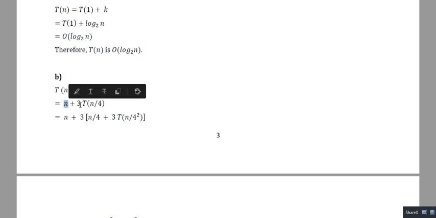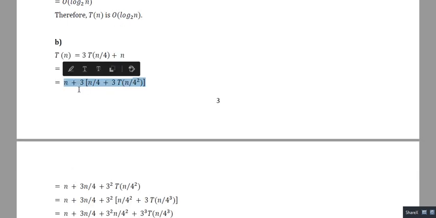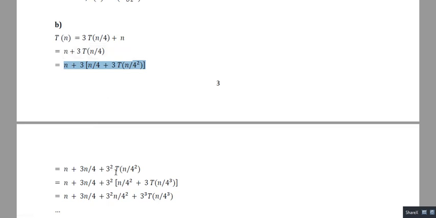Okay, so now if Tn is equal to this, then in place of T(n/4), we can write like this. If Tn is n plus 3T(n/4), then T(n/4) will be n/4 plus 3T(n/4^2). Right. So now after multiplying, it will be 3n/4 plus 3^2 T(n/4^2).